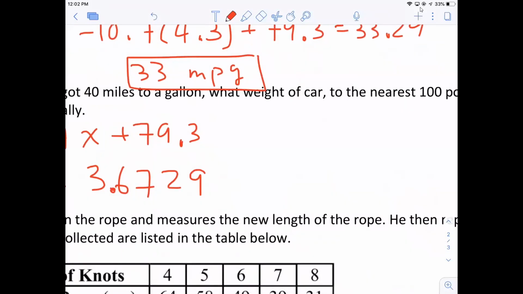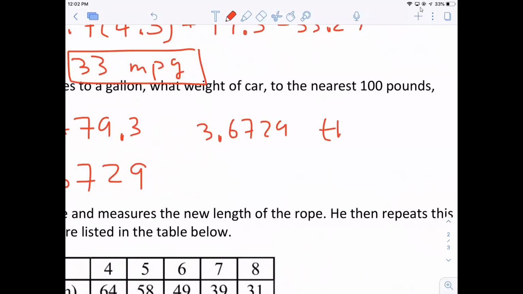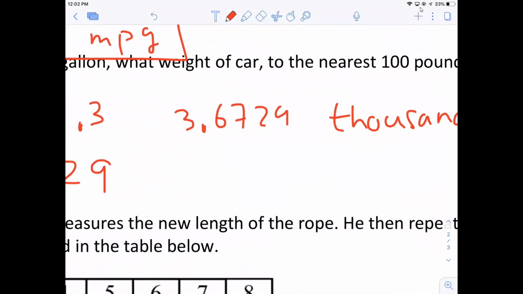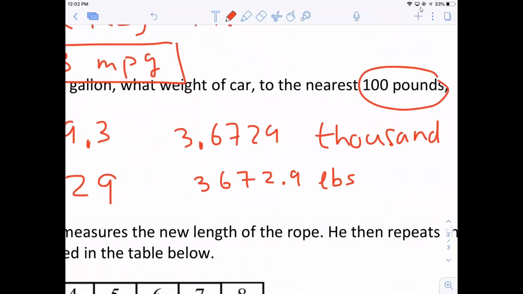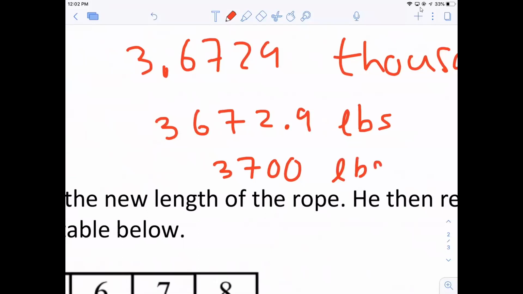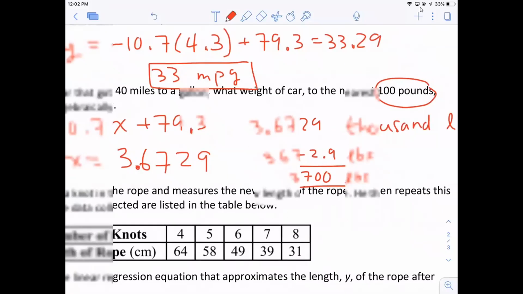So we're saying the car is 3.6729 thousand pounds. So if we multiply this by 1,000, we get 3,672.9 pounds. And it says round to the nearest 100 pounds. So here is our hundredths place. Rounding that 6, I'll round it to a 7. So 3,700 pounds approximately. All right.